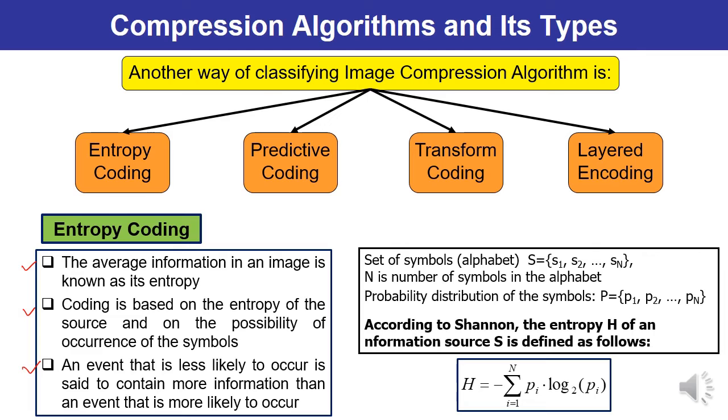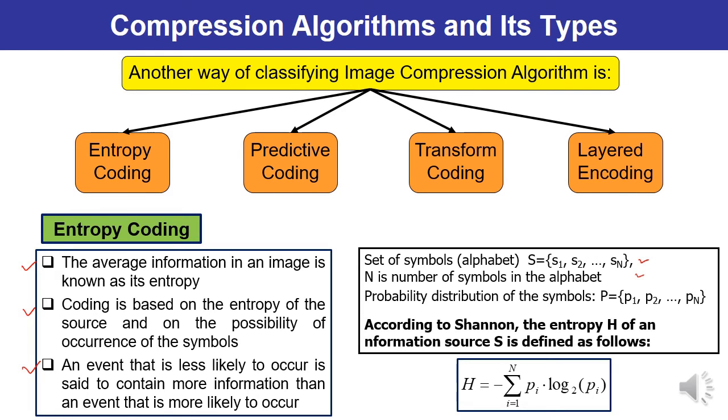If we talk about a set of symbols, let us say S is S1 to Sn, where n is the number of symbols in the alphabet. The related probability distribution of the symbols is: the probability of symbol S1 is P1, the probability of symbol S2 is P2.